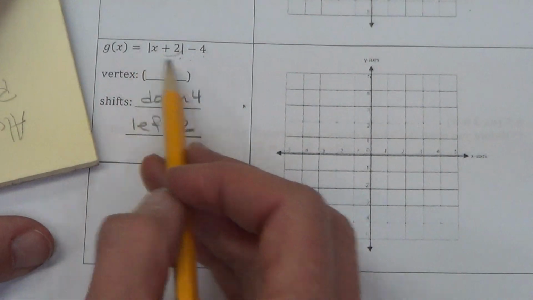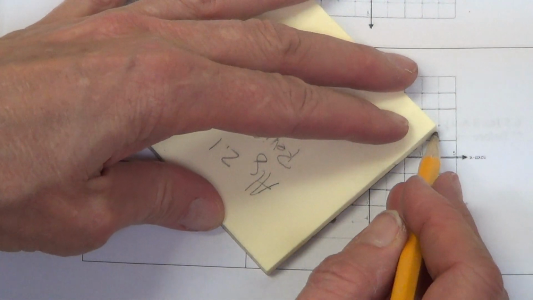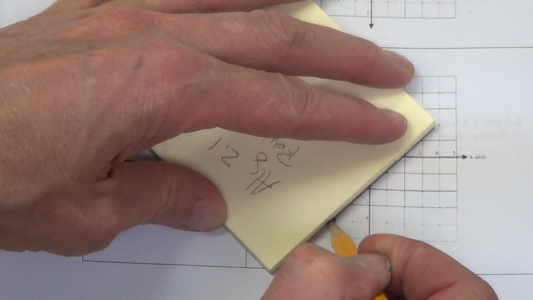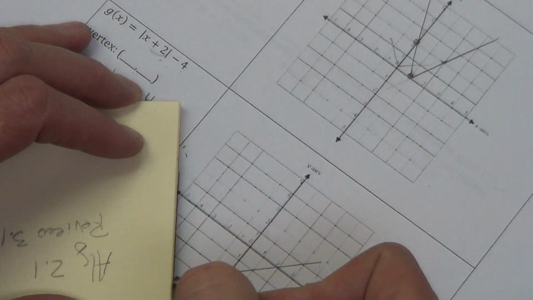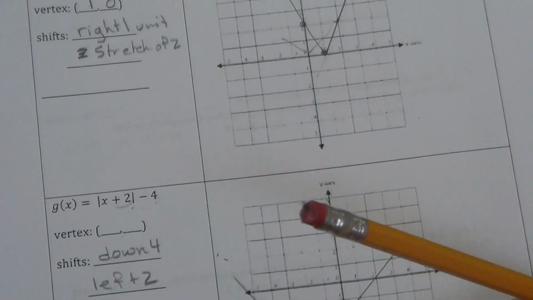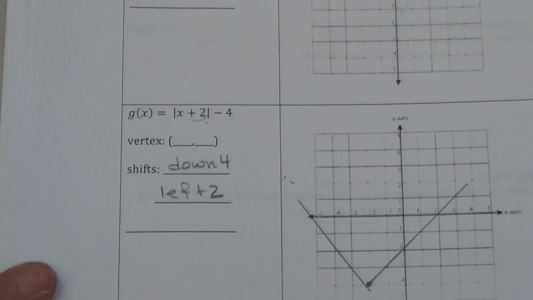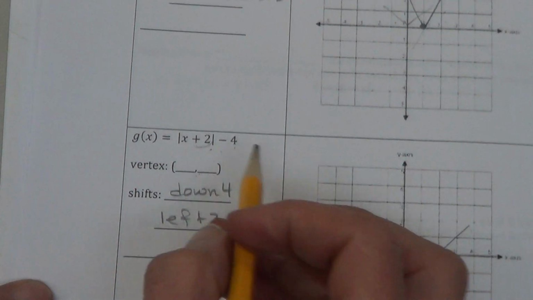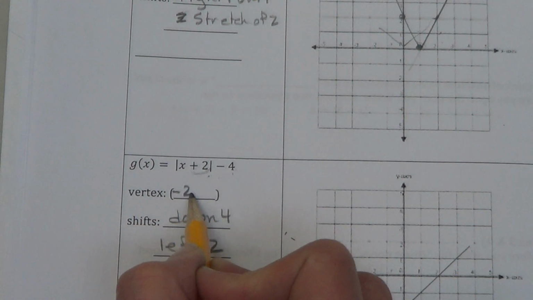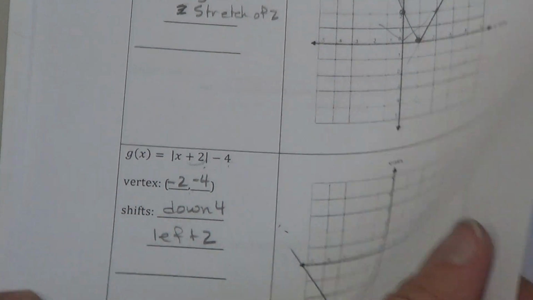The slope isn't affected. So we draw our straight lines there. And there's our transformations. These are much quicker to graph this way. Now we look at where our vertex is. It's at -2, -4. How could you get that from the equation? That's my question for when we open class.